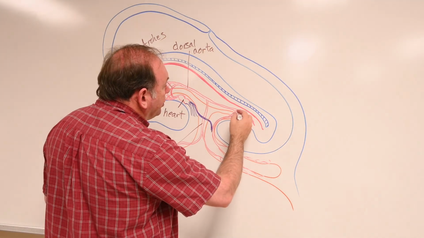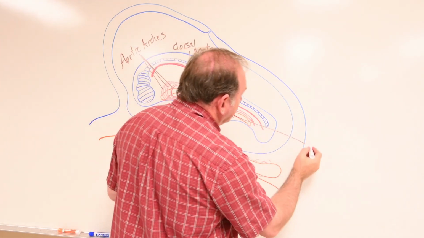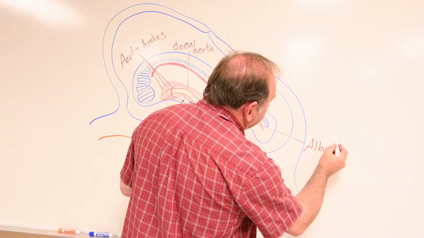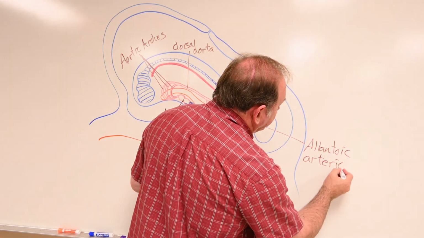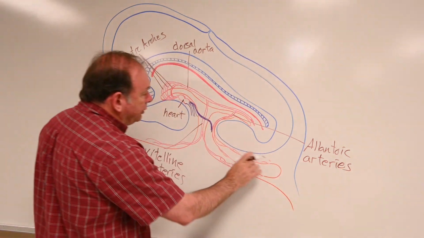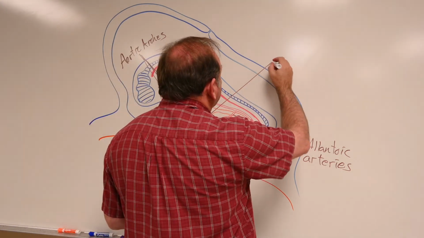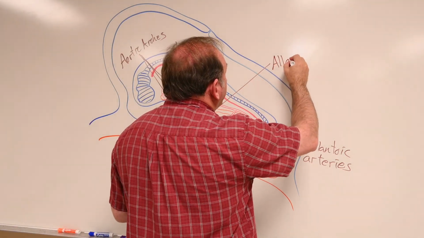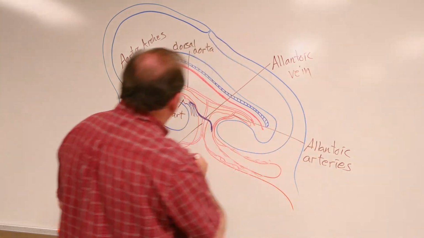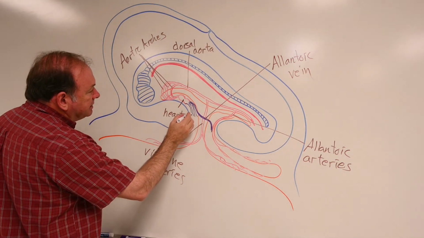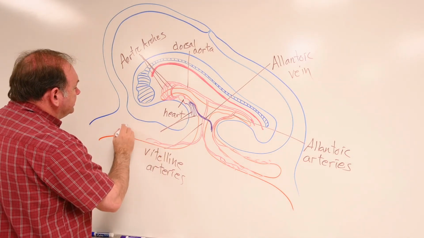We have allantoic arteries that send blood to the allantois. We have an allantoic vein that brings the blood back, a single allantoic vein. And paired vitelline veins. No place to write it in. Here we go. Vitelline veins.